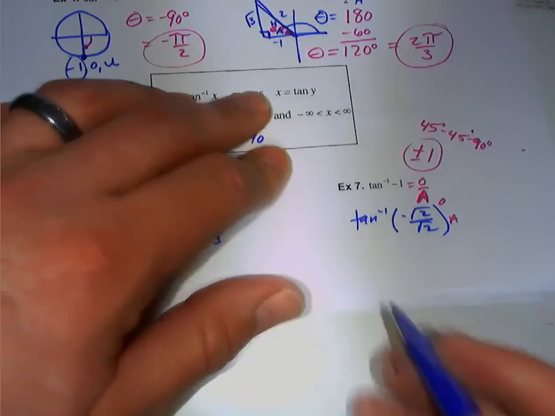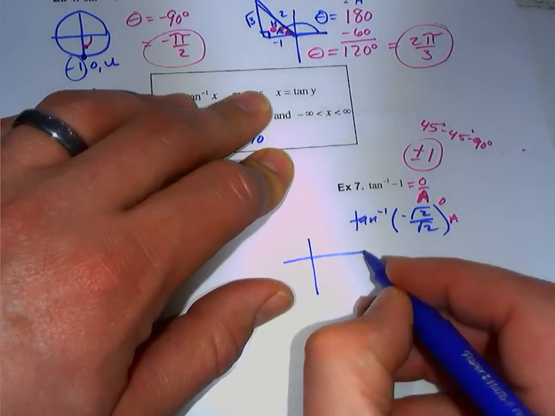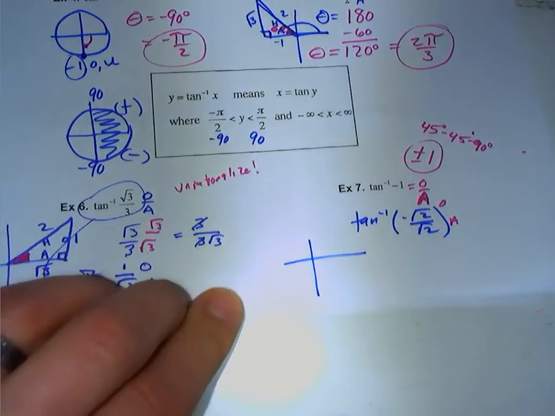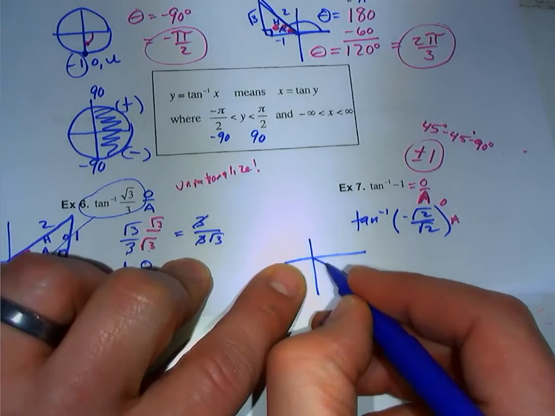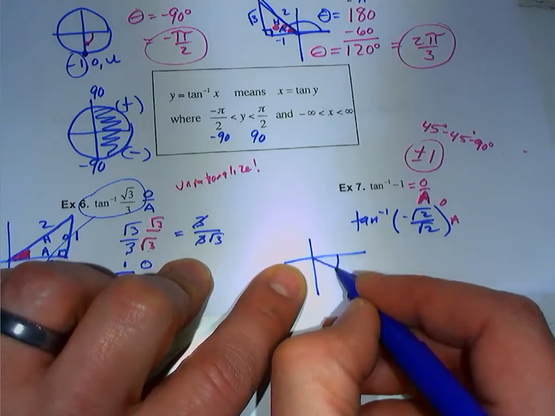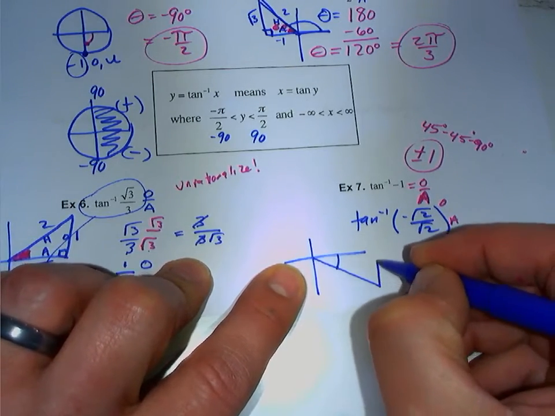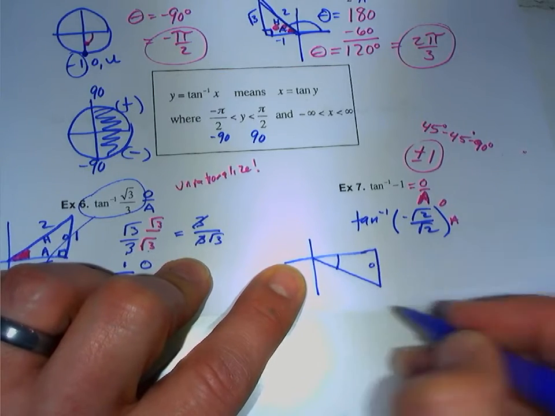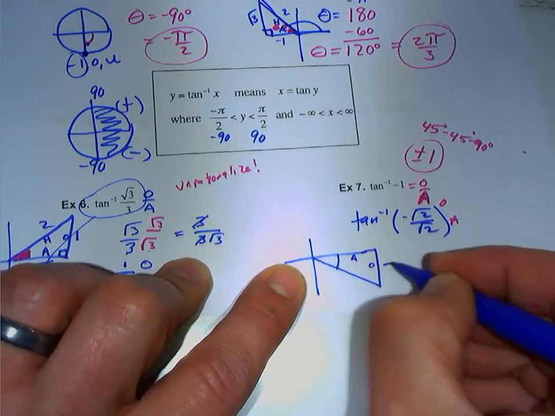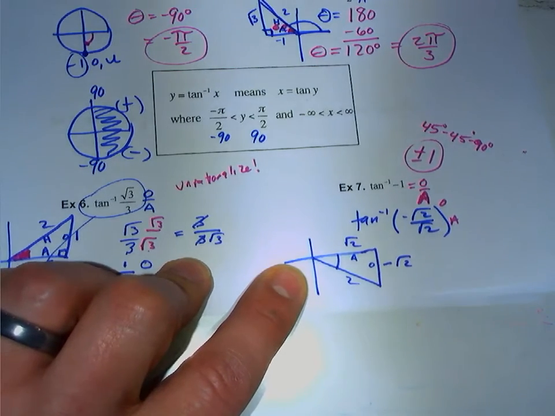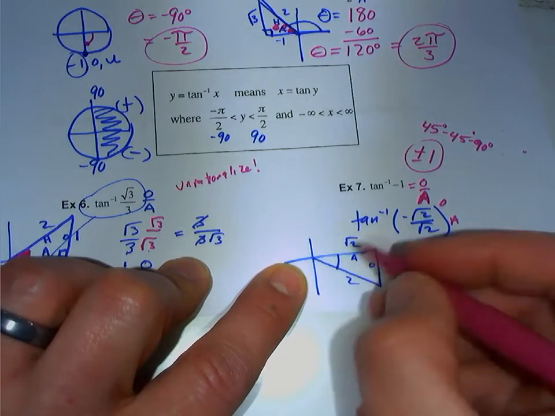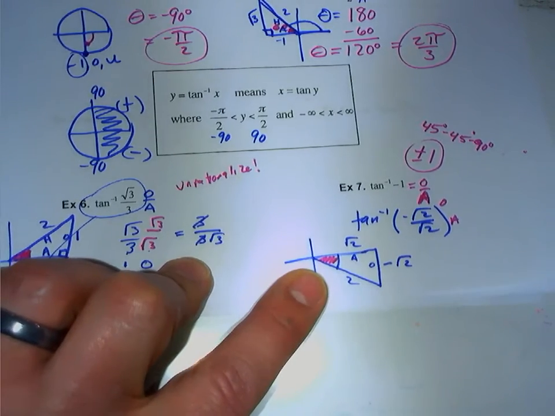It's negative, so I'm in quadrant number 4. Initial side, terminal side, that's the angle I'm looking for. That's opposite, that's adjacent. That's a -√2, that's a √2, and that's 2. I want this theta, I want this angle right here. What is that?